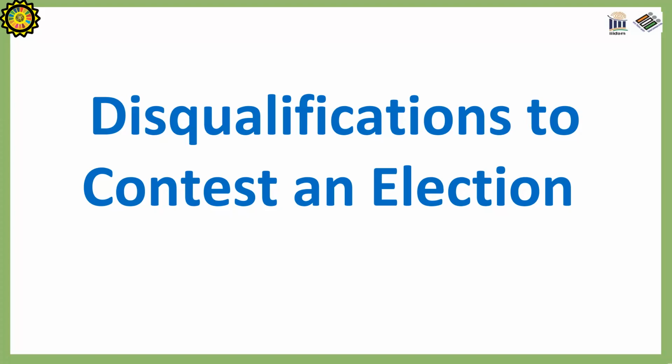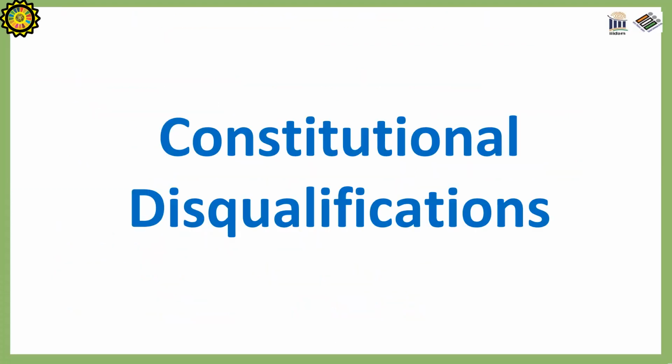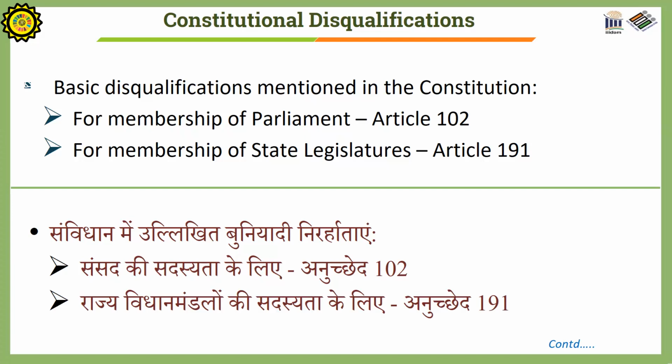Disqualifications to contest an election. Disqualifications to contest an election are of two kinds: constitutional disqualifications mentioned in the Constitution, and statutory disqualifications framed by the Parliament. Constitutional disqualifications. Basic disqualifications mentioned in the Constitution for membership of Parliament, Article 102, and for membership of state legislatures, Article 191.